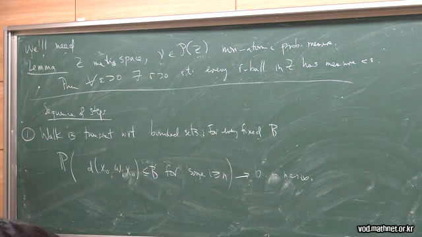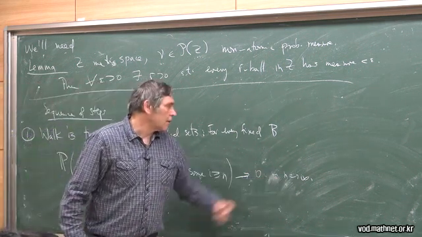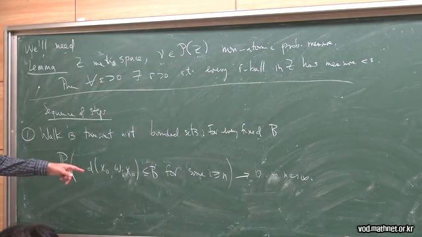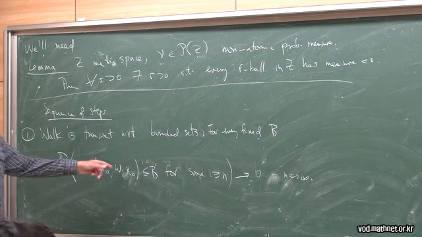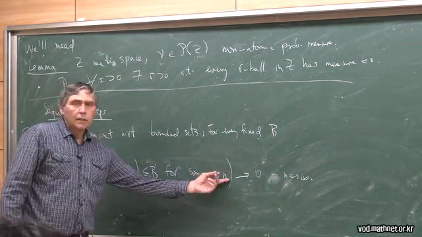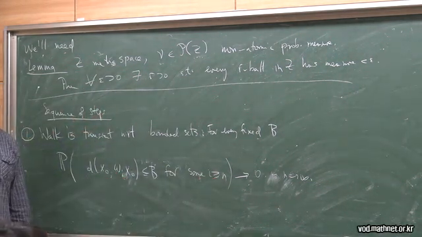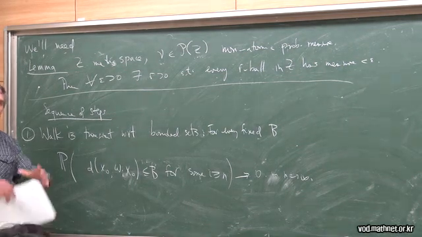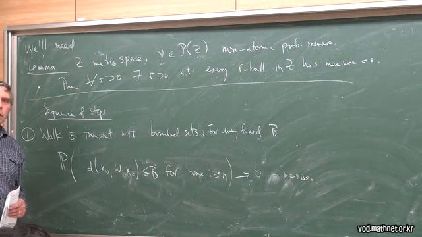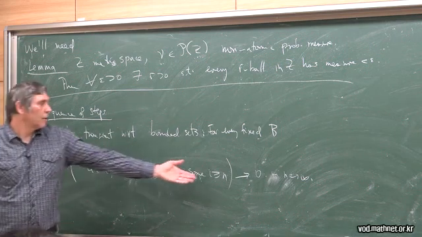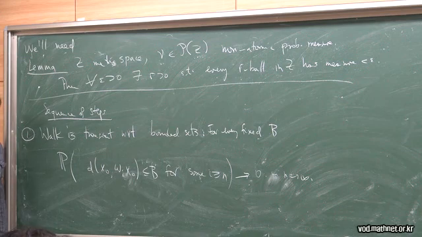N is some large number, and I'm looking at sample paths that at some point after this step n return into the ball of radius b. Right, so that should be pretty unlikely, right? You're running a random walk, b is some ball, but they should all be going to infinity. They shouldn't be coming back to some ball. So indeed, this is the claim, that it actually goes to 0 as n goes to infinity. It's unlikely that at some large step you're going to be contained in some fixed ball.